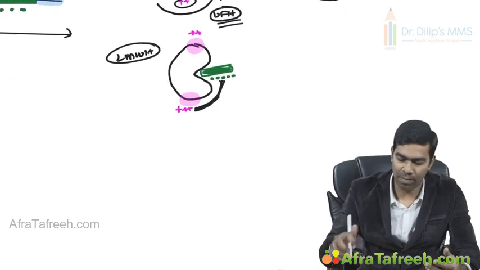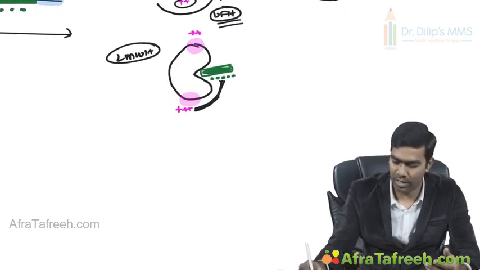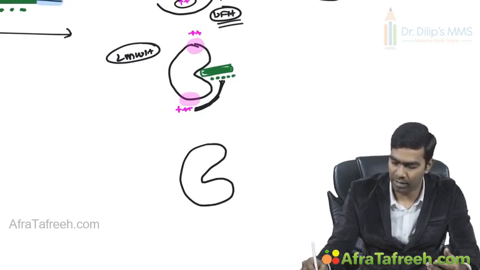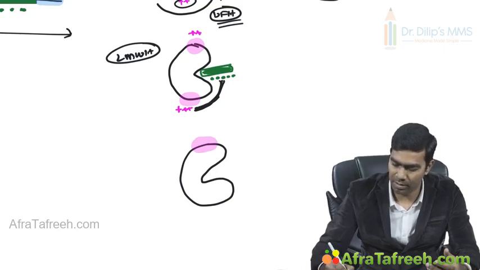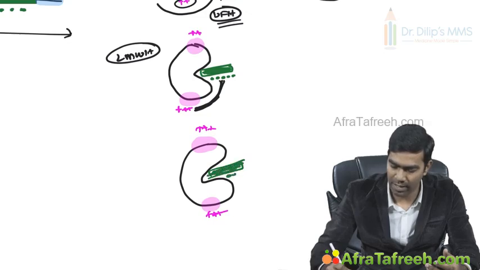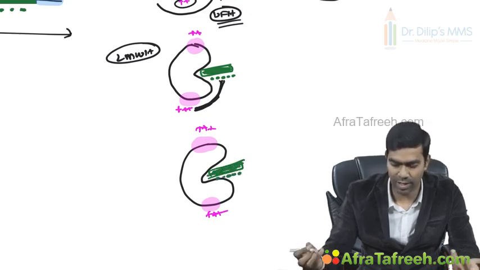Similarly, if you take a fondaparinux, what is going to happen is, sorry for the delay, but still it's very important to understand. A fondaparinux molecule is not going to have any side chains at all, which means it has no scaffolding.